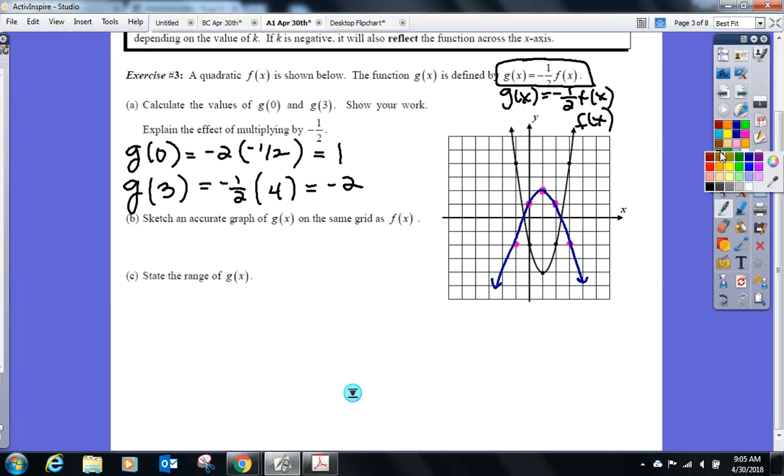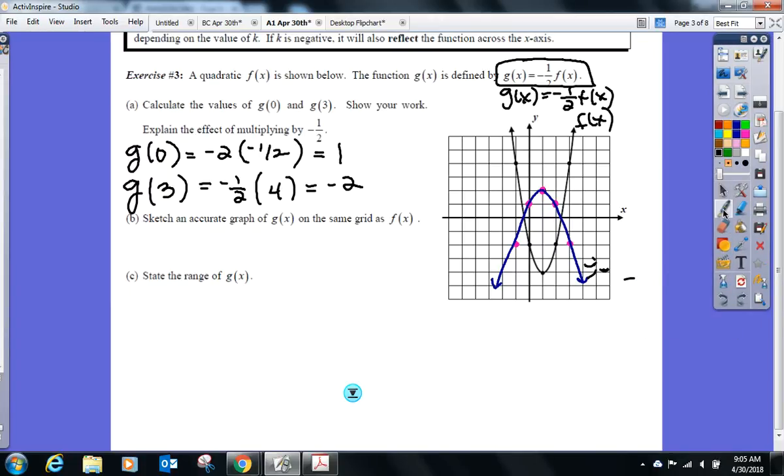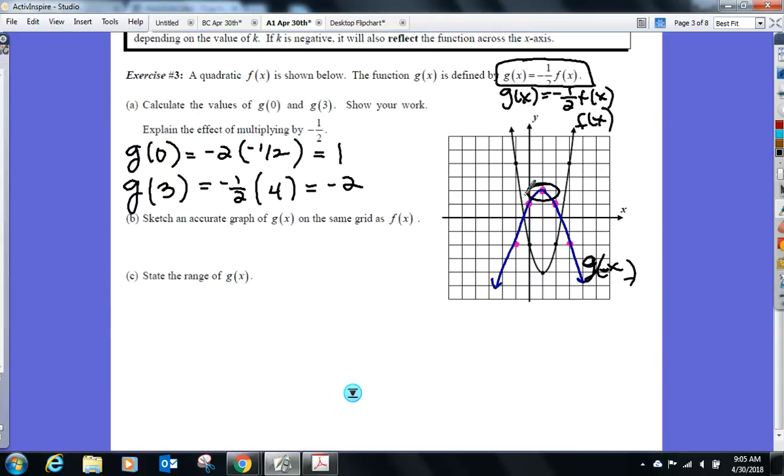What's your highest y value on here for g of x? What is it? 2. Right there. Highest y value is 2.